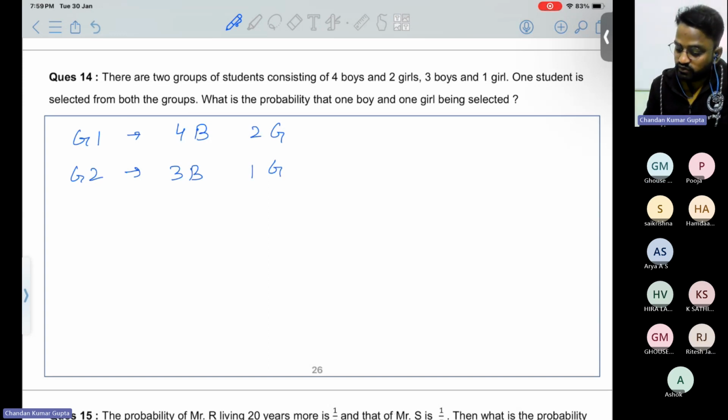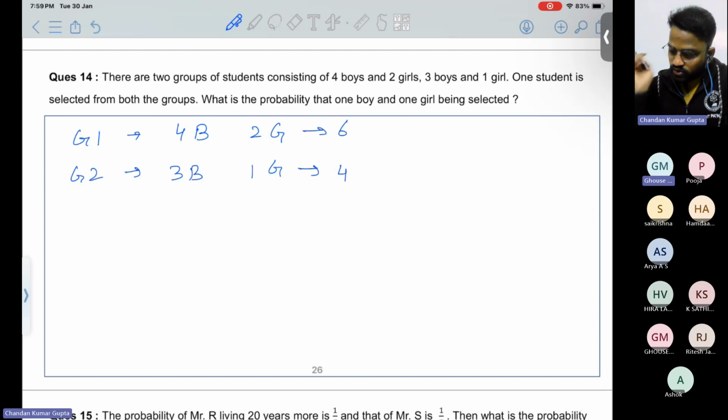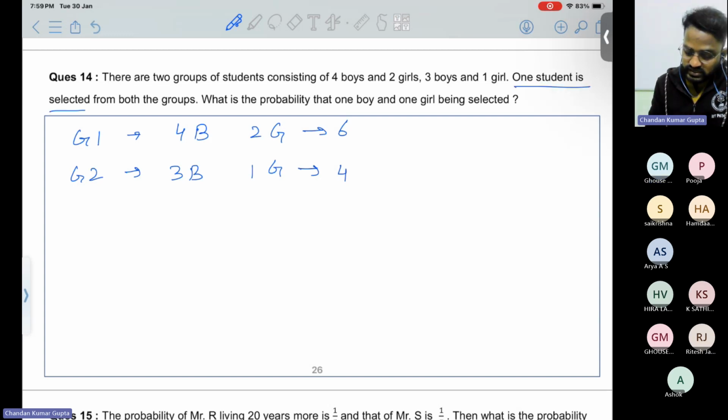What is the probability that 1 boy and 1 girl will be selected? Can anyone tell me how? Here we see that in group 1 there are 6 students, and in group 2 there are 4 students. Our aim is that one student is selected from both groups.